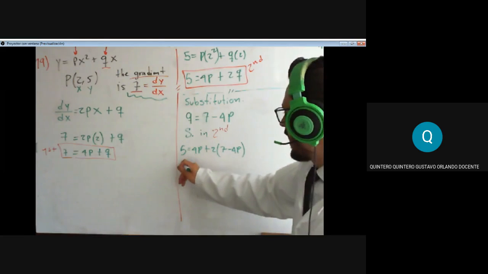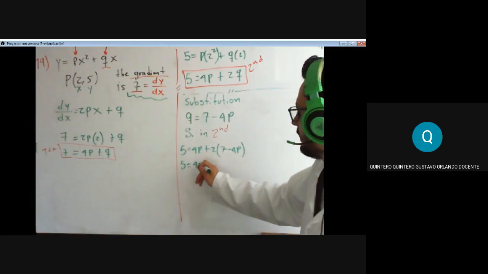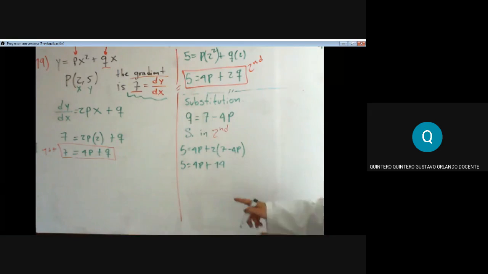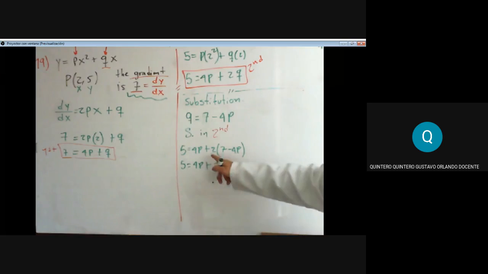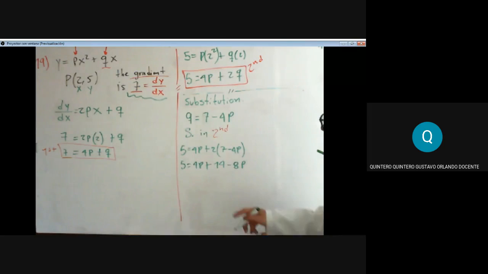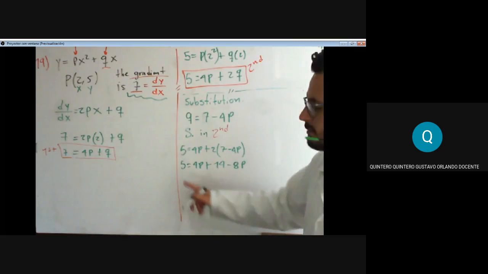So I'm going to have 5 equals 4p plus 14 if I do the distributive here, 2 times 7, and then 2 times 4p, so minus 8p, right? By doing algebra real quick, I see that 4p minus 8p will be negative 4p. And I can pass the 14 to subtract, right?